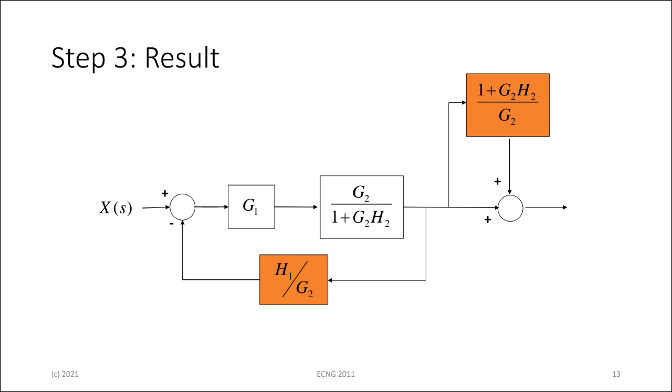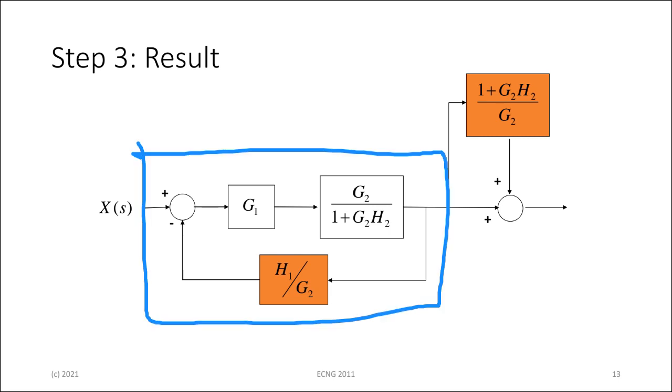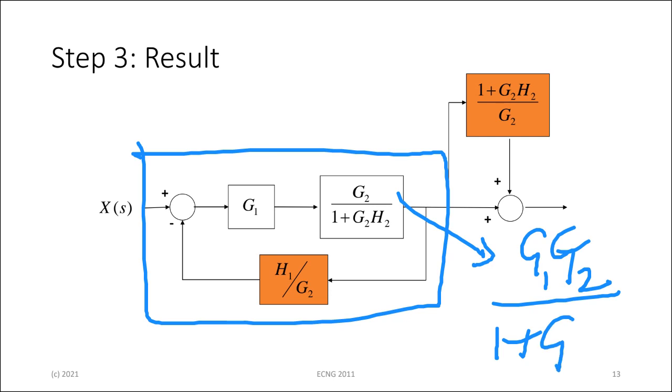All right, so we simplify this now. We combine these two first before we simplify it. So this will now be, it's a cascade, so it's G1G2 over 1 plus G2H2. That's a forward block. This is the feedback block.